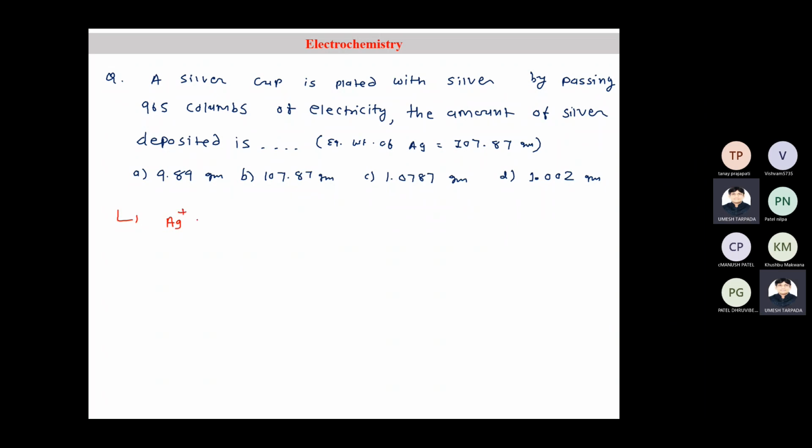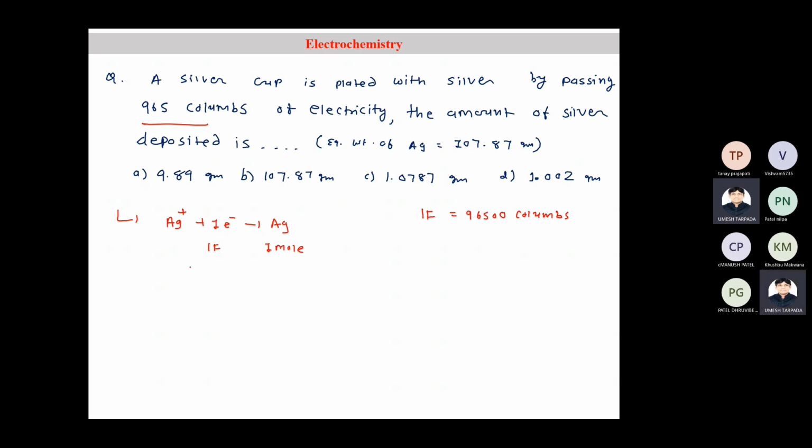Ag plus is reduced to Ag. 1 Faraday equal to 1 mole. And 1 Faraday is equal to, you know very well, 96500 coulomb. Already you are given coulomb, not Faraday.